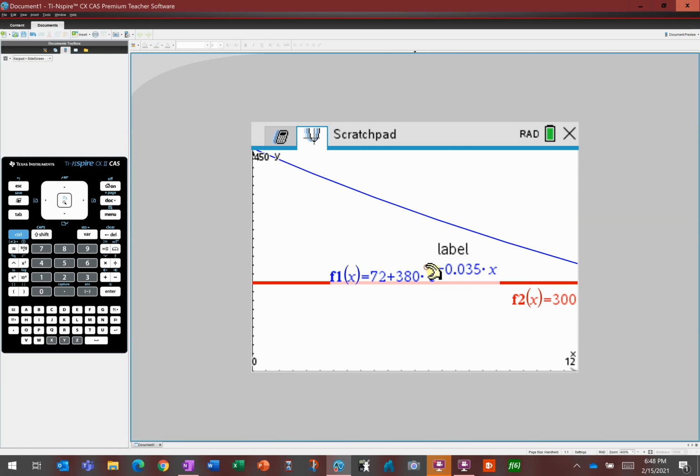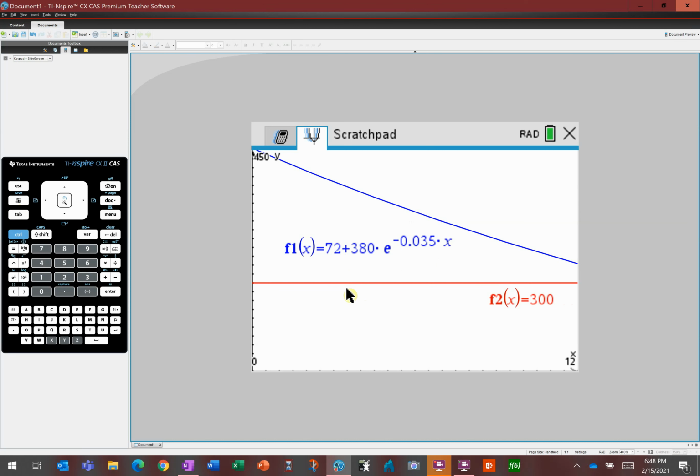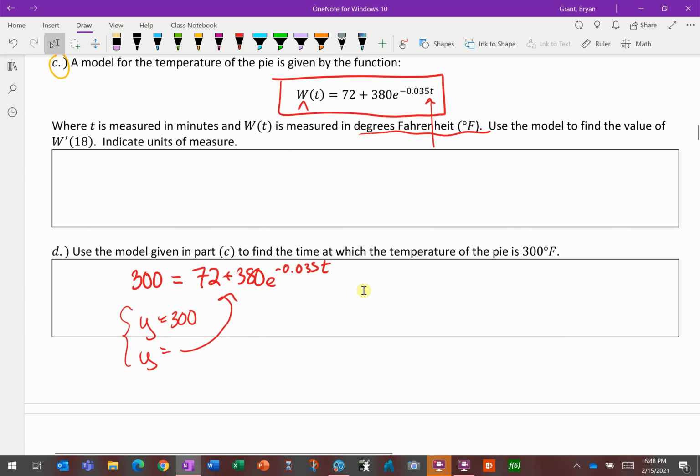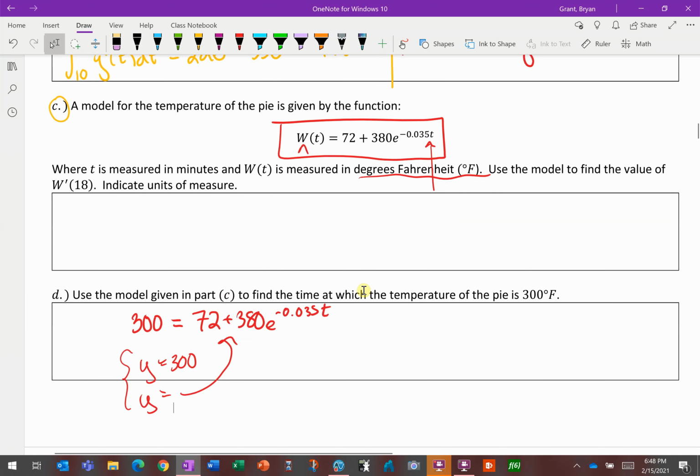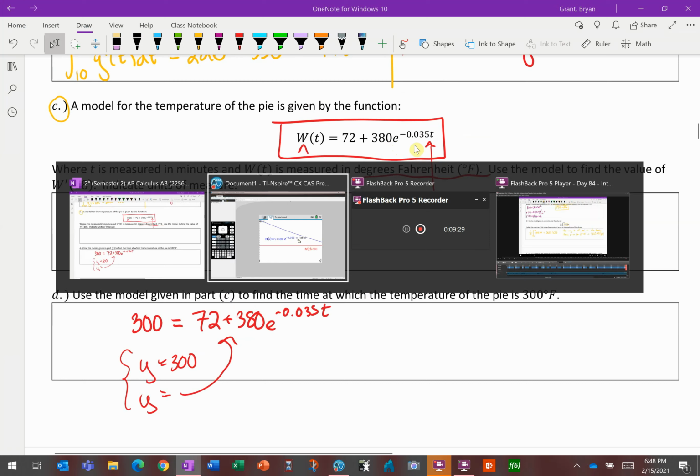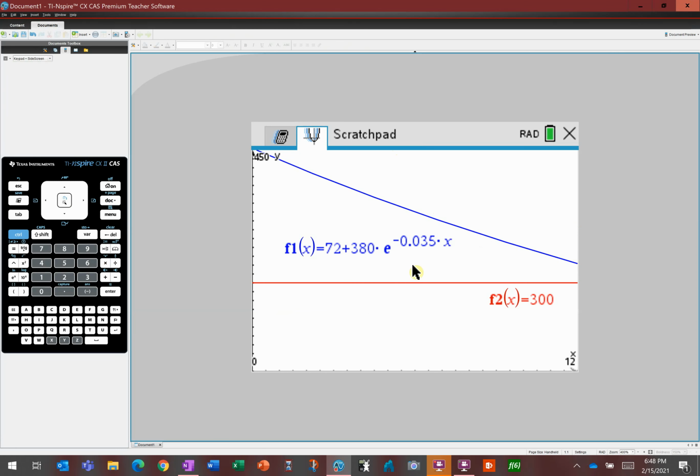Oh, I can't even see it. That makes me curious if I messed something up here. Let's take a look. 72 plus 380e to the negative 0 point whatever. Temperature is 300. Model of the temperature, 72, 380, negative 0.035 t.